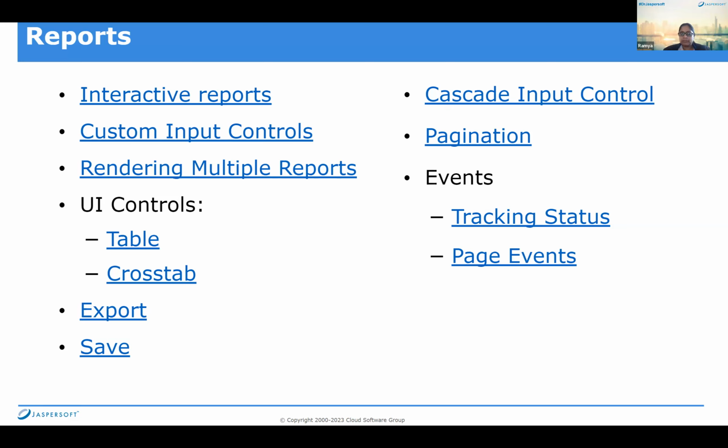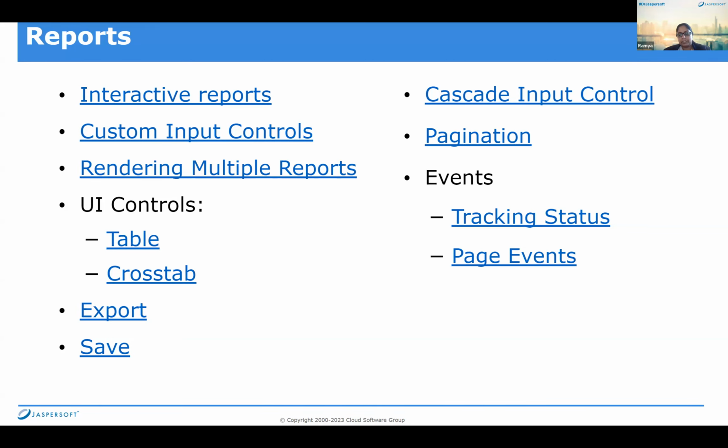And also we can save the report. If we made some modifications in the CSS section of the report and want to save it, we can perform the save function on the reports using Visualize.js. Similarly, there are cascading input controls, and we can do pagination: next page, previous page.